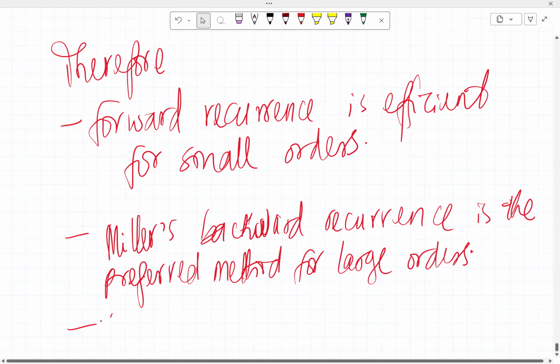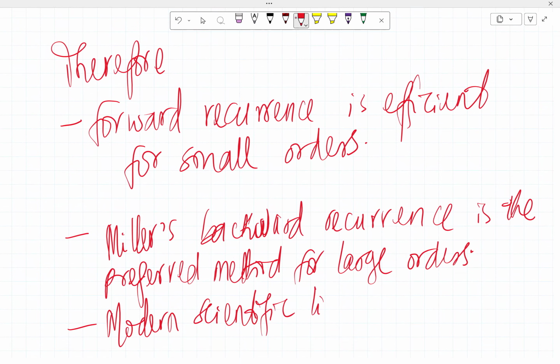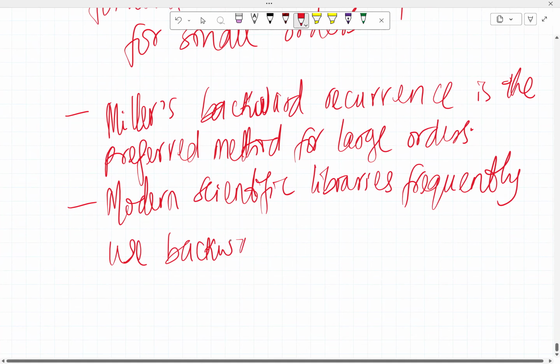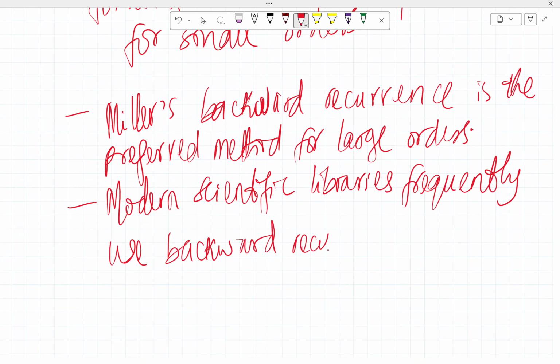Then modern scientific libraries frequently use backward recurrence internally.